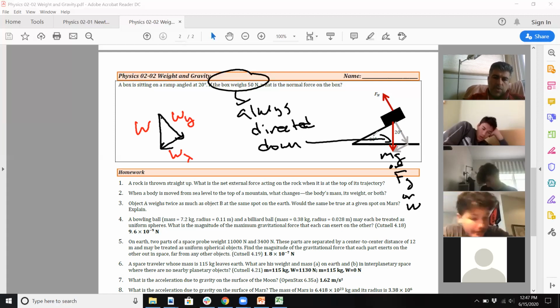And because this was 20 degrees right here, if you were to use some geometry principles and some parallel line work, in fact, if you were to, just trying to think the best way to help you see this.